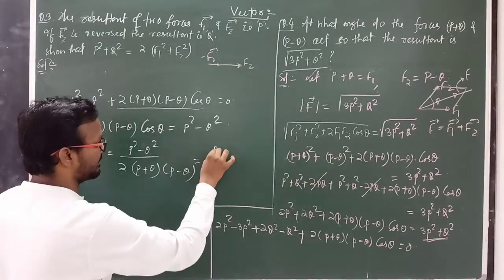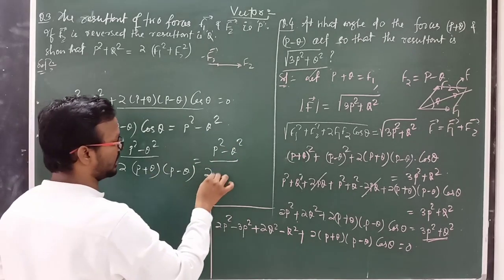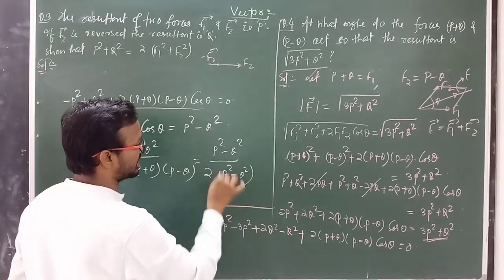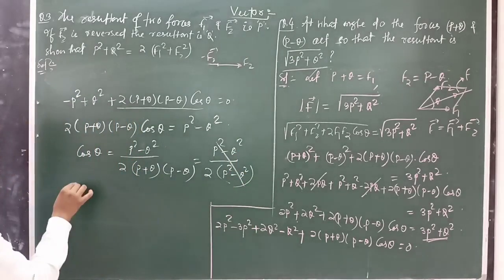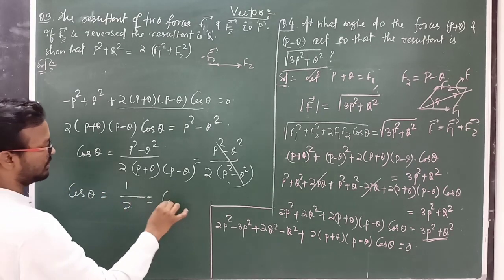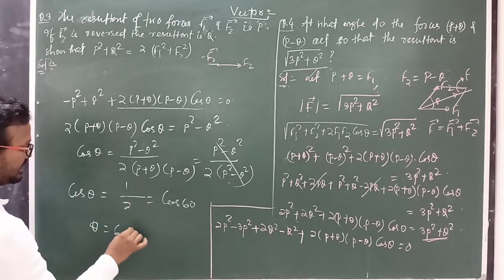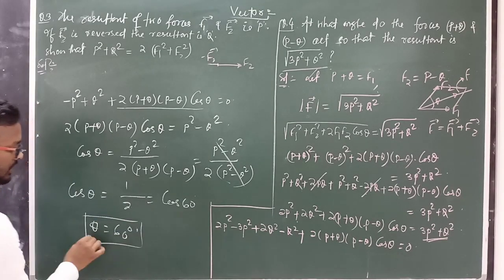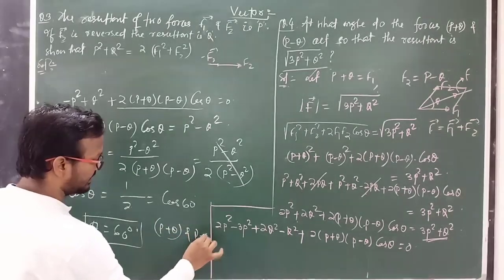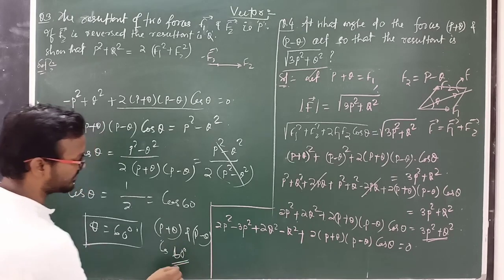So you can write here that p square minus q square divided by 2 into (a plus b) into (a minus b). So p square minus q square, and these two terms cancel. So cos theta equal to 1 by 2, which is cos 60 degree. So theta is 60 degree, meaning the angle between (p plus q) and (p minus q) is 60 degree. Proved.